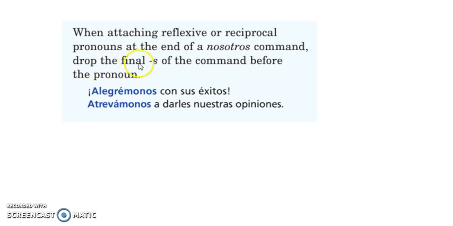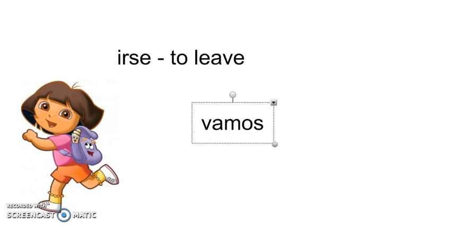To drop the final S before I attach the pronoun. So I end up with vamos nos, but I have to drop the S, and don't forget to add an accent. Vámonos. Now do you get why she says that?